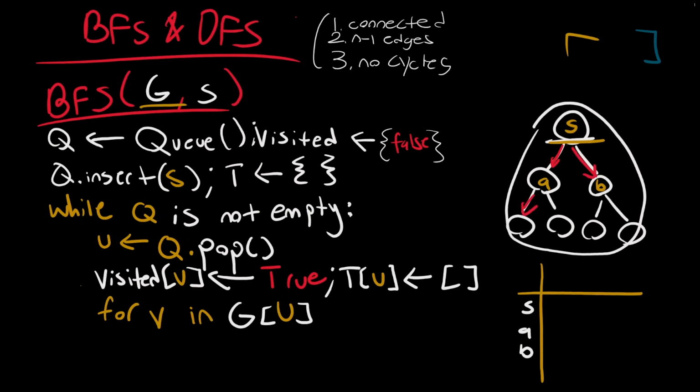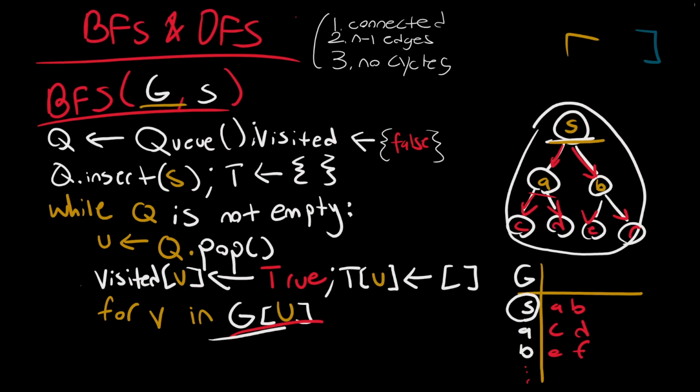Let's keep this directed for a moment. S is going to say it has neighbors A and B, and then let's say C, D, E, F. A is going to say C, then D, and B is going to say E, then F, and so on. By saying G, this right here, we're saying, input S here.